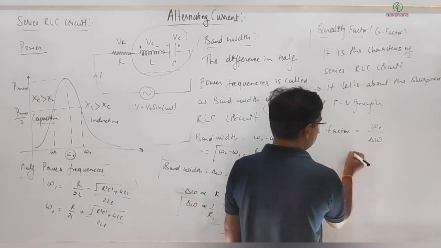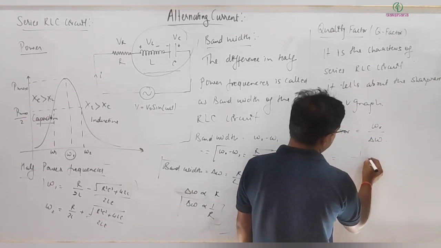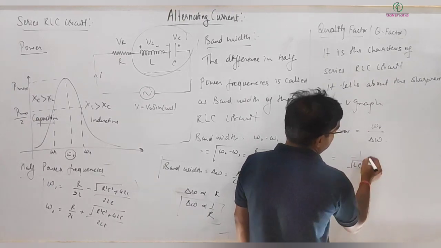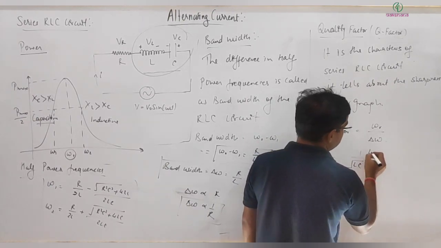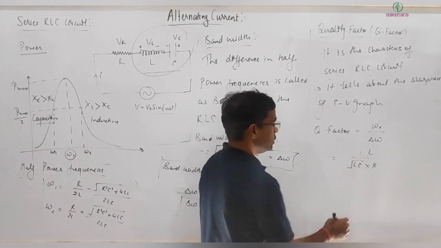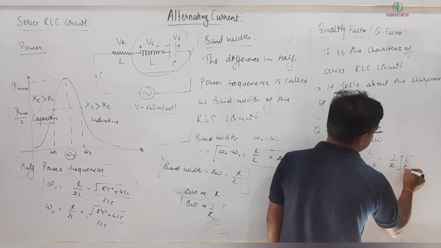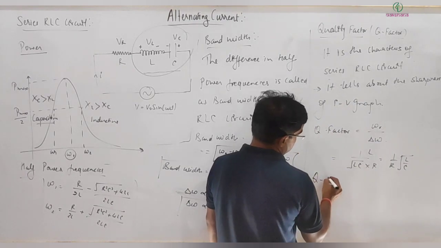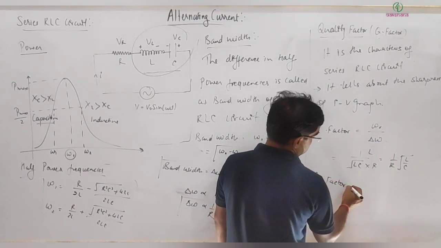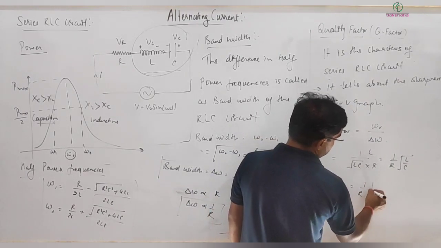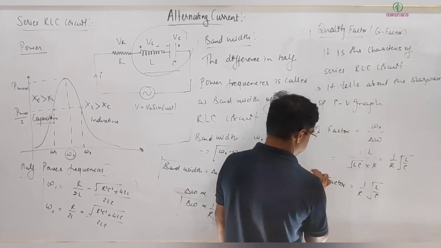Omega resonance we know is 1 by under root LC, and bandwidth we calculated as R by L. So we get 1 by R under root L by C. This is the Q factor of a circuit: 1 by R under root L by C.